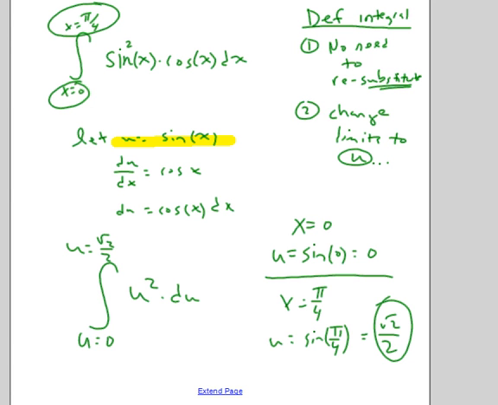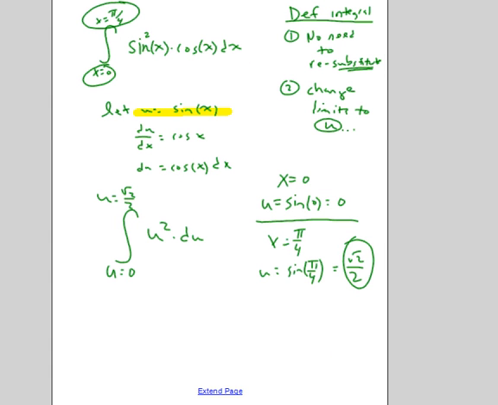So now we've re-expressed everything totally in terms of u. And when we do the integration, we're going to get 1/3 u cubed. We don't need to resubstitute it back in terms of sine and cosine because we've re-expressed everything in terms of u. So we're going to evaluate this function, 1/3 u cubed from 0 to root 2 over 2.